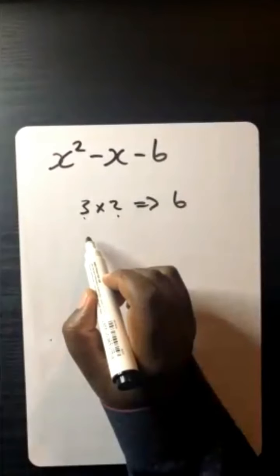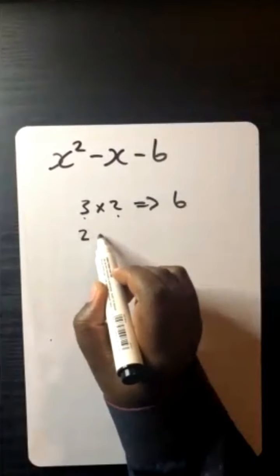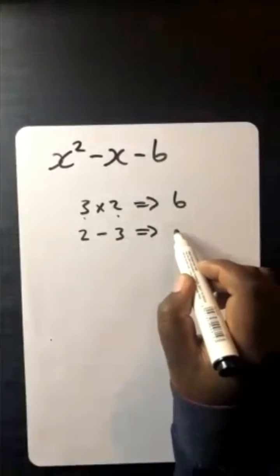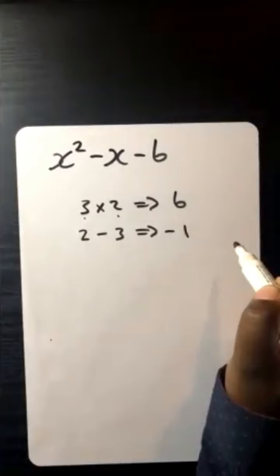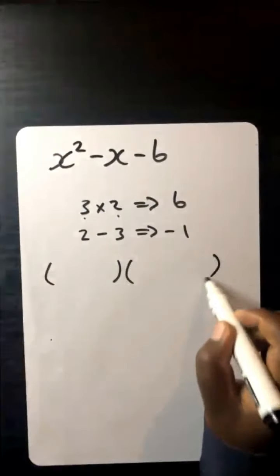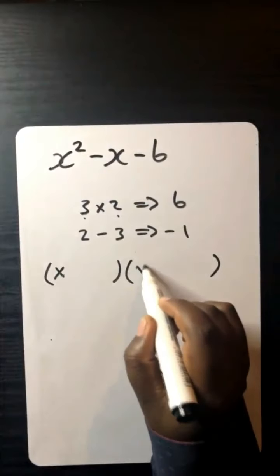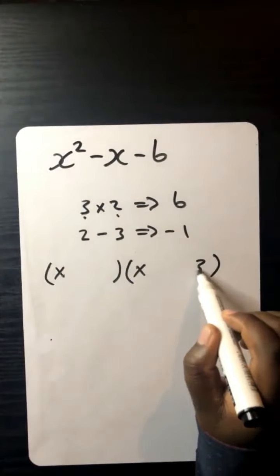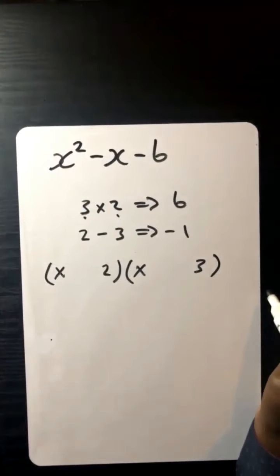That's if you say, for example, 2 minus 3, this is going to give you negative 1. So obviously, you already have x over there, x over there. You know 3 and 2, these are your factors.